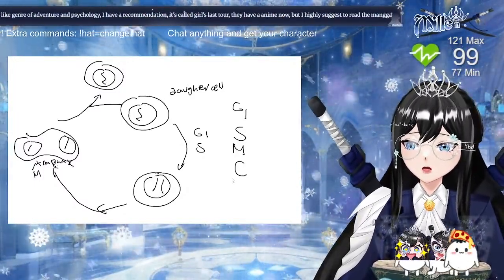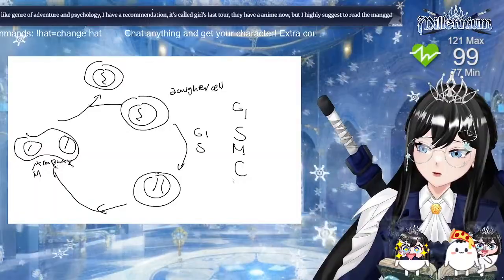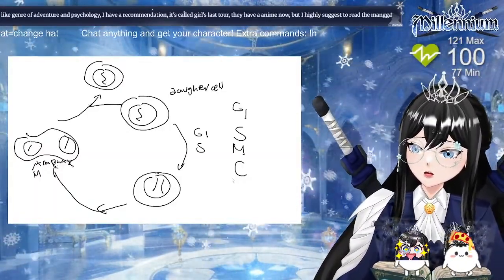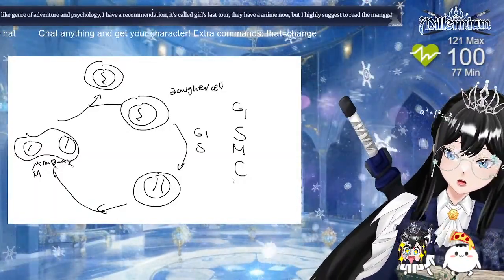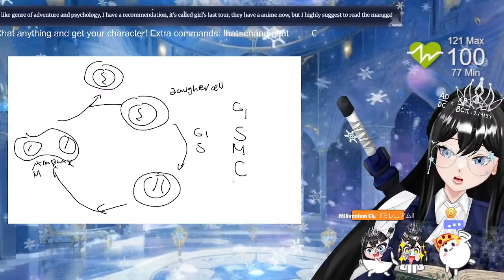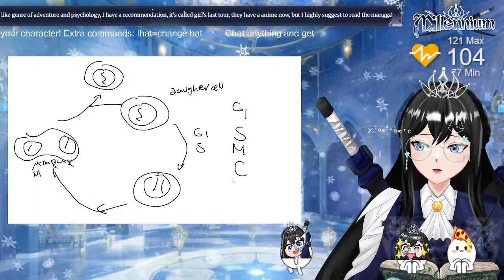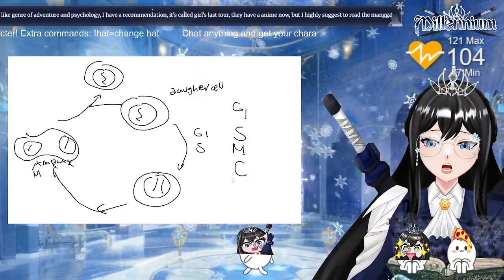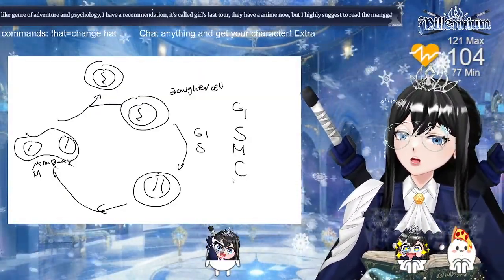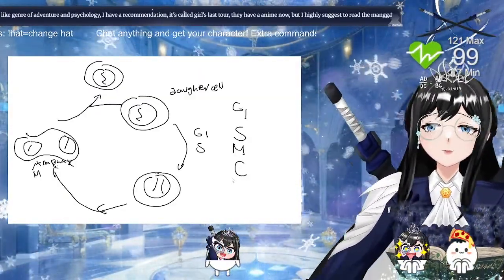Speaking of anime, do you like the genre of adventure and psych? I have a recommendation. It's called Girls' Last Tour. They have an anime now, but I highly suggest reading the manga. So, good question. My favorite ones are rom-com, like Kimi ni Todoke.